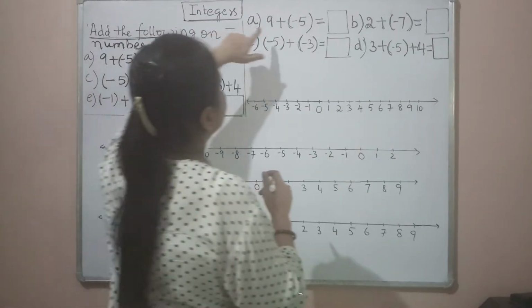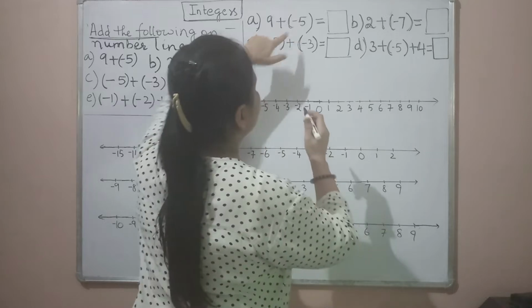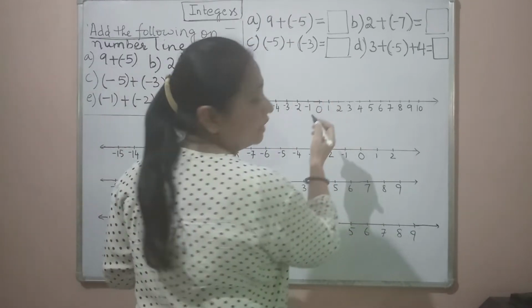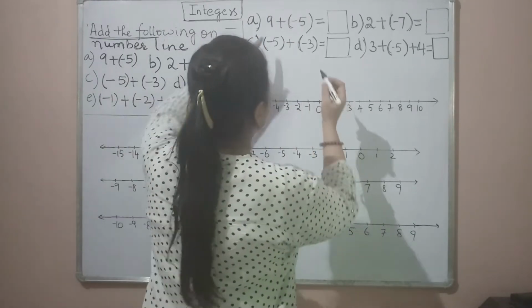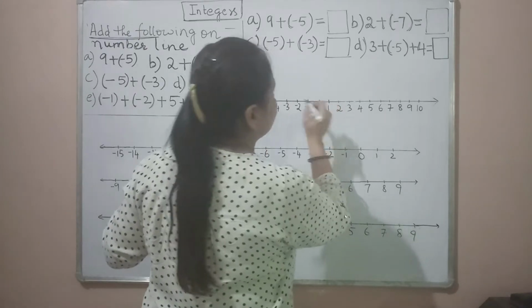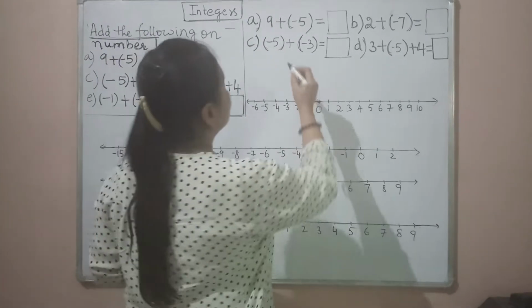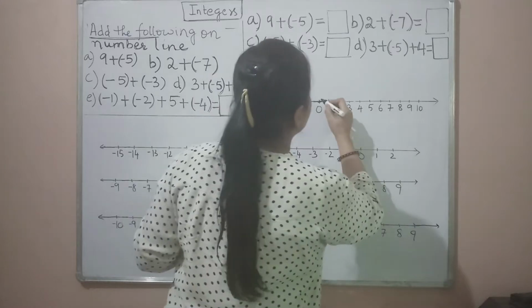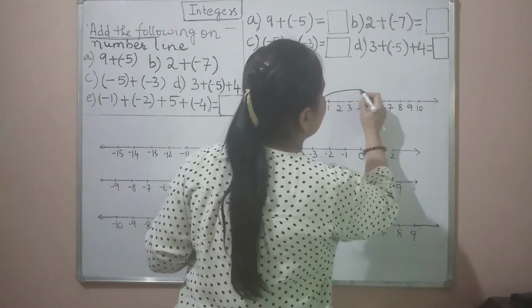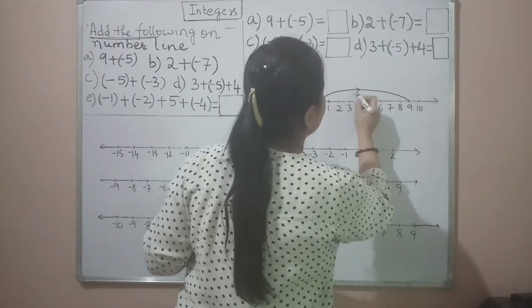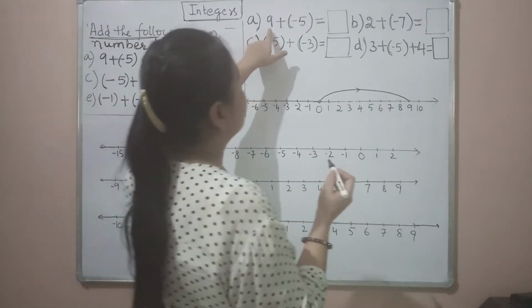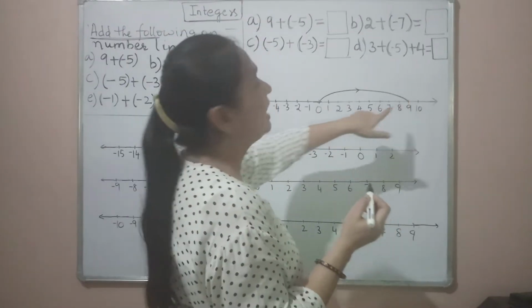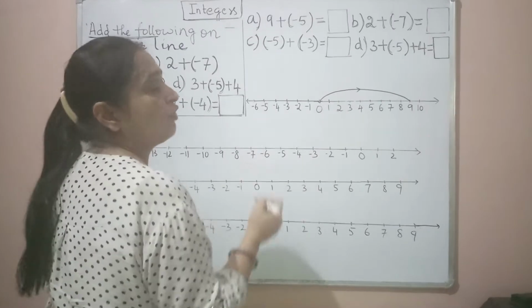The first one, 9 plus minus 5, we need the answer. So with the help of number line we have to do it. Suppose we are at 0. Now we have to reach 9 from nothing. We reach 9 and then to 9 we have to add minus 5.